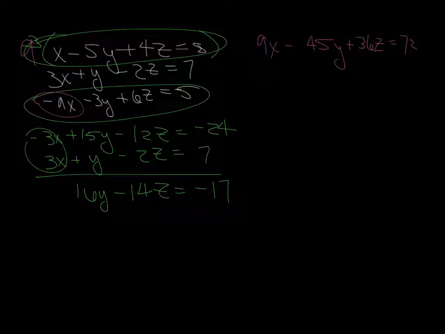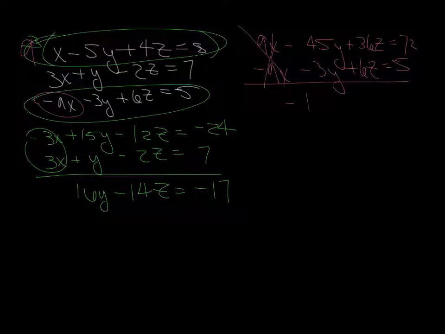And then let's take the third one and write it as is. Okay, those go away. We end up with negative 48y plus 42z equals 77. And we'll put that down with this one, and we'll put it in green.